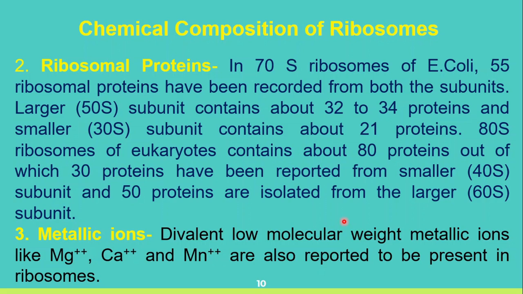Ribosomes of both prokaryotes and eukaryotes, means both 70S and 80S, contain divalent low molecular weight metallic ions like magnesium, calcium, manganese, and they play a very important role in the functioning of the ribosomes.